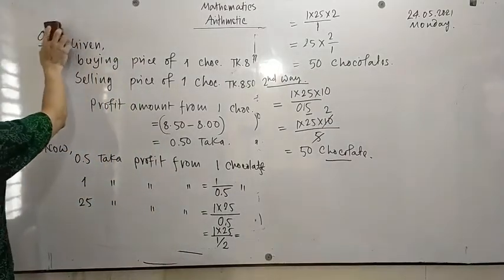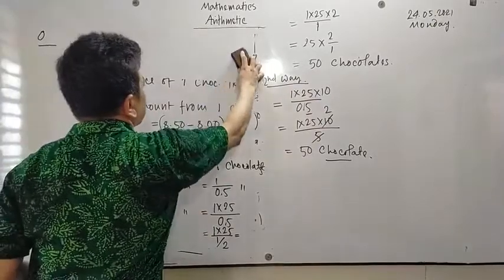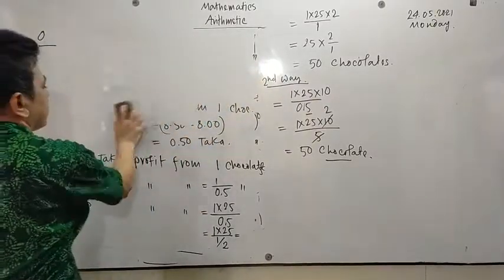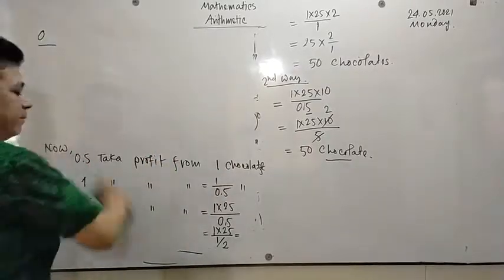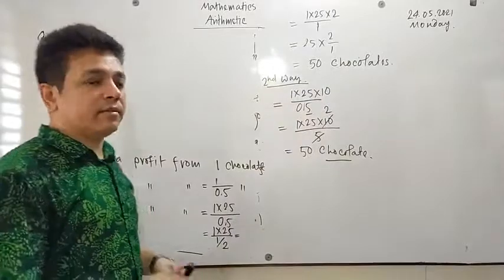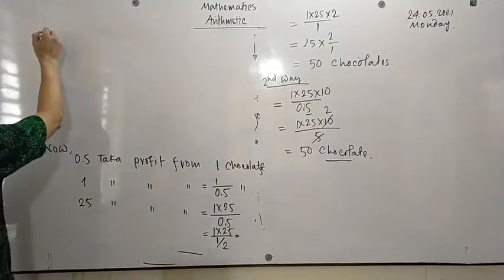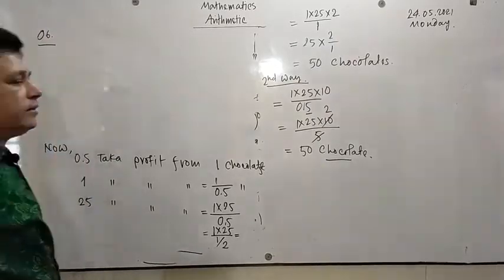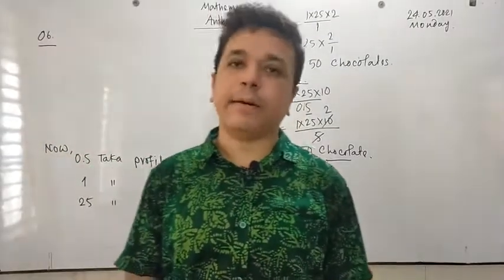I'm just starting from here again. The same thing, almost the same. This chapter I think is easier than some other chapters. Okay, so number 6. A shopkeeper bought cloth at 125 taka per meter.